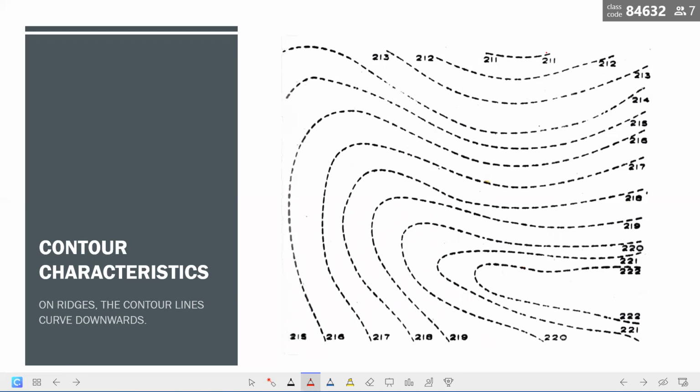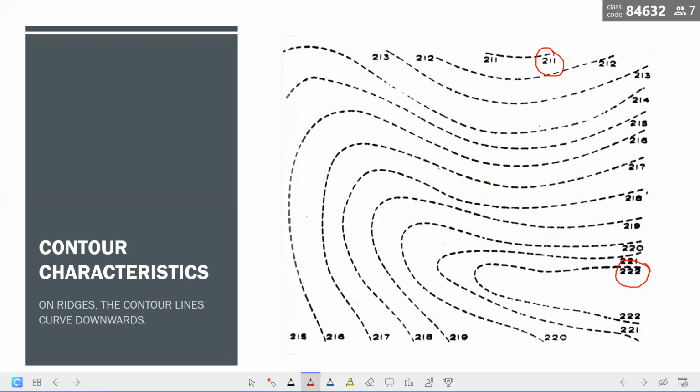So here is the lowest elevation, 211. Here is the higher elevation on the side. If that makes any sense.